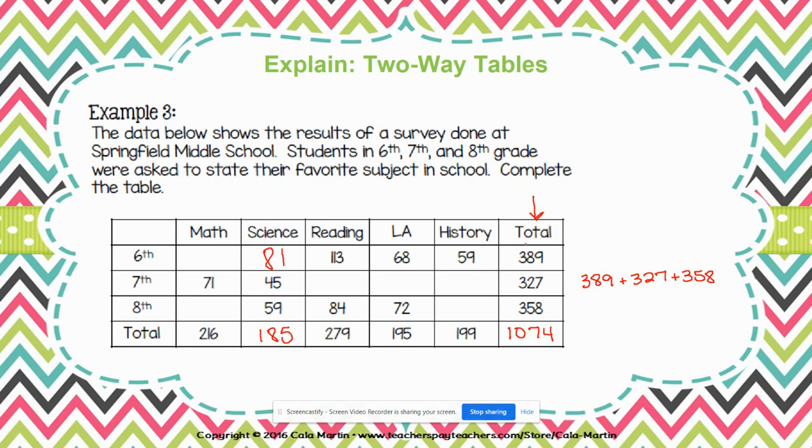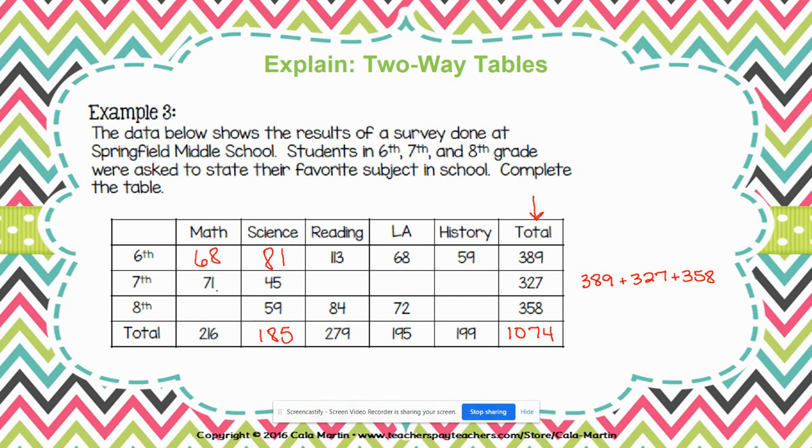So I know that there are 389 total 6th graders, and I need to figure out how many of them said math. So I'm going to subtract all of these numbers from that. So I'm going to do 389 minus 81 minus 113 minus 68 minus 59, and I'm left with 68.